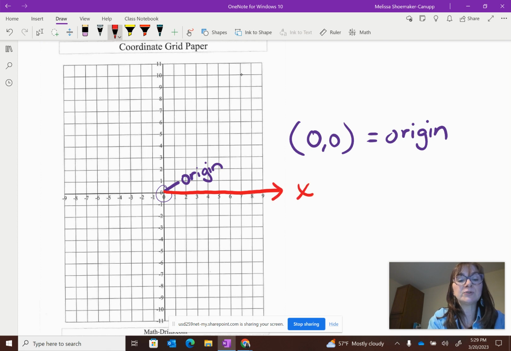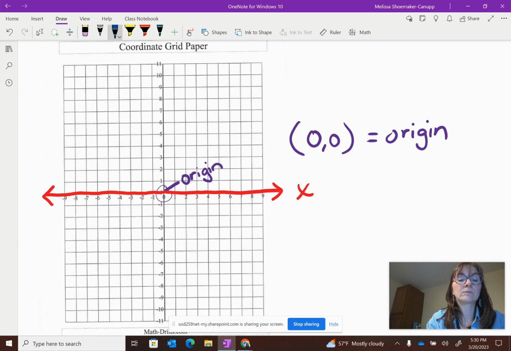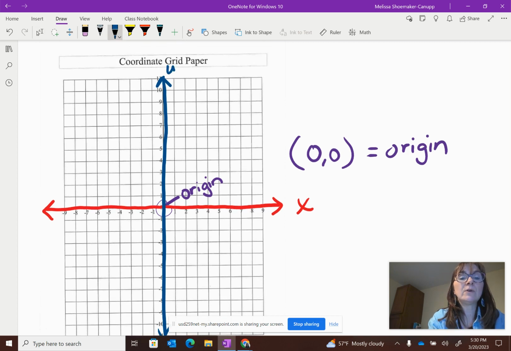This is the x. It goes both ways. That's the first number. Then we have the up and down. This is the y. We need to be able to label all these things.